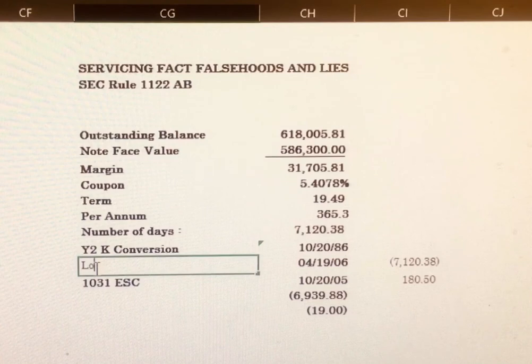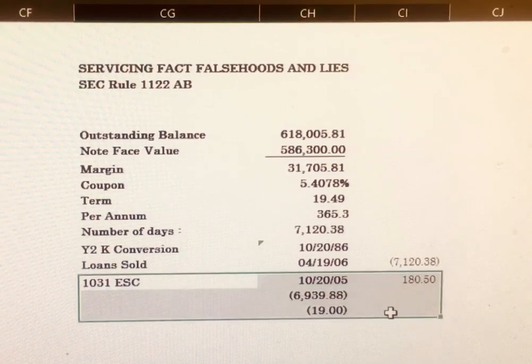So we're going to keep that after all. That was the loan sold date. So that stands on its own without any jerry-rigging, without any other enhancements. That was the date the loan sold.